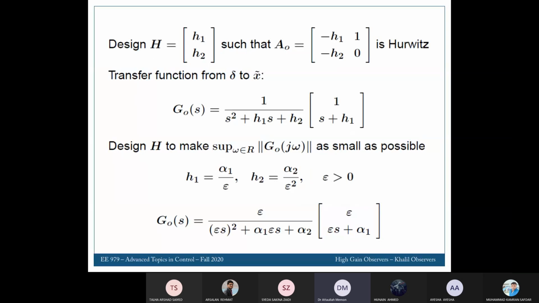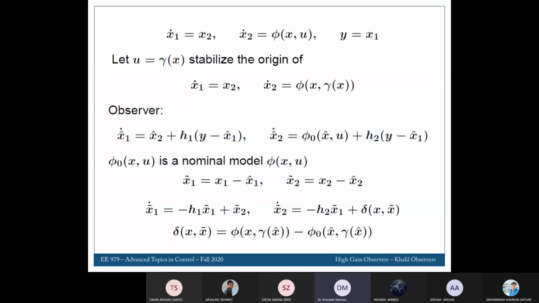Transfer function from delta to x tilde. If this is my state equation, we know how we can find the transfer function from this state equation. For example, if we make an A matrix out of it, a B matrix out of it, which is here, and then a C matrix out of it, that means my output would be x1 tilde.